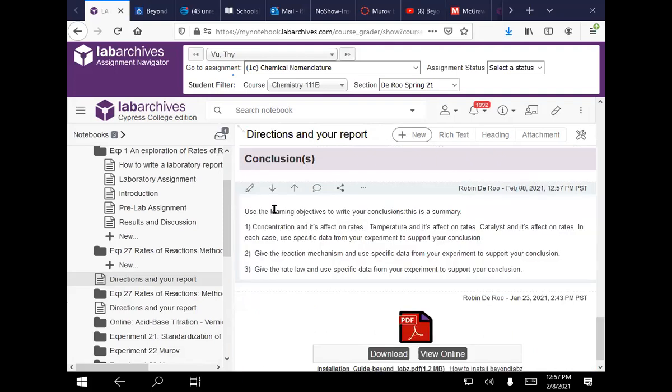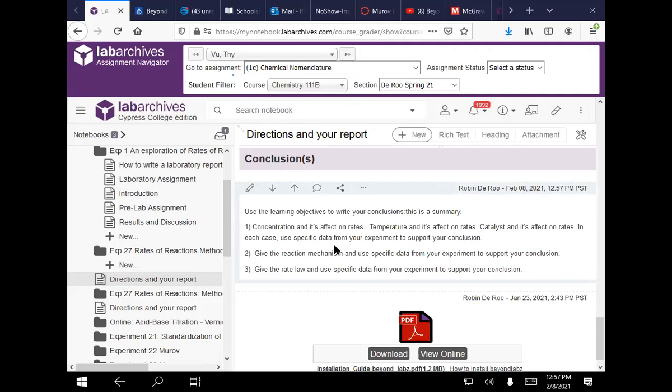So there's really three parts to this. The first part is you're looking at concentration and its effect on rates, temperature and its effect on rates, catalyst and its effect on rates. So when you make a statement, you need to use data from your experiment. So for example, at 35 degrees, the rate was blah, whereas at room temperature, the rate was blah.